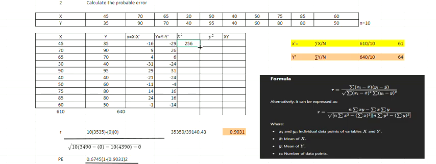Can drag and drop. Then similarly y square equals, this is y into y, directly calculated, done. Okay, so drag and drop.